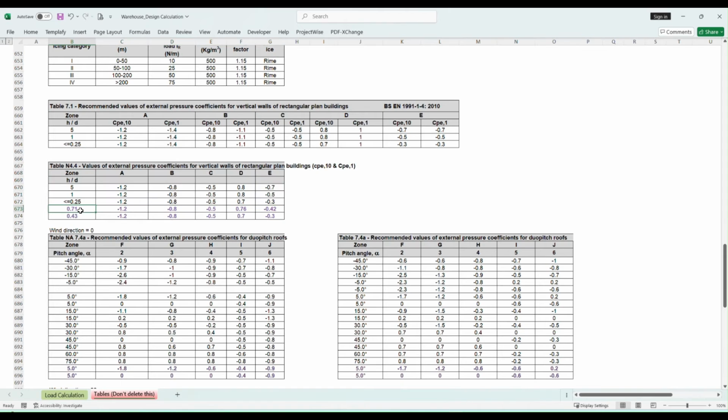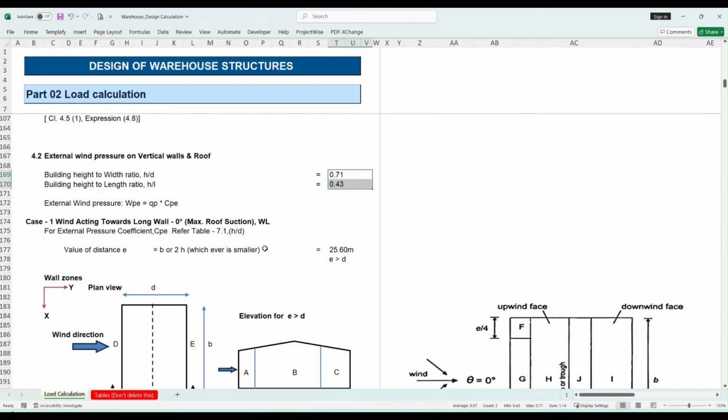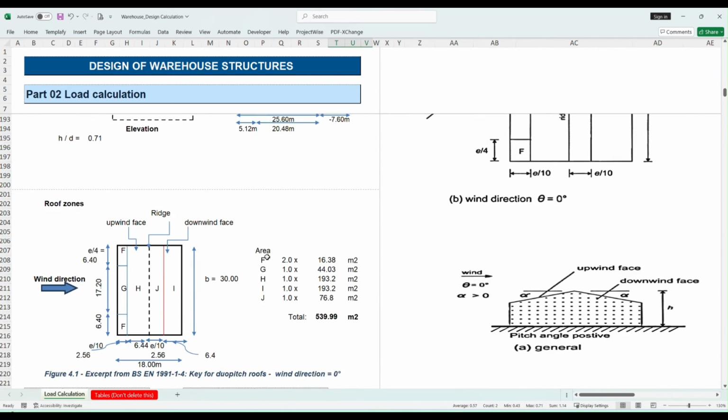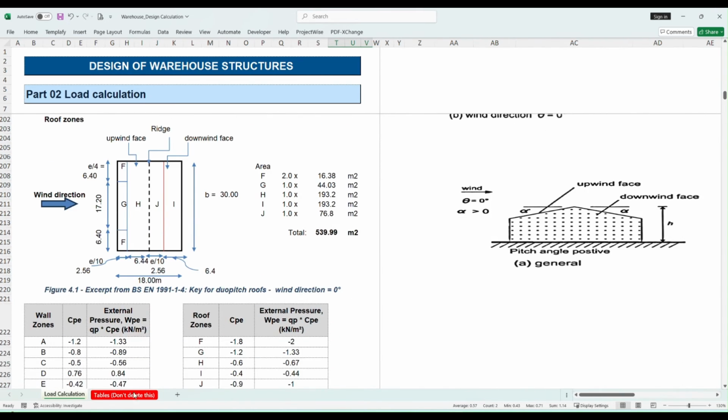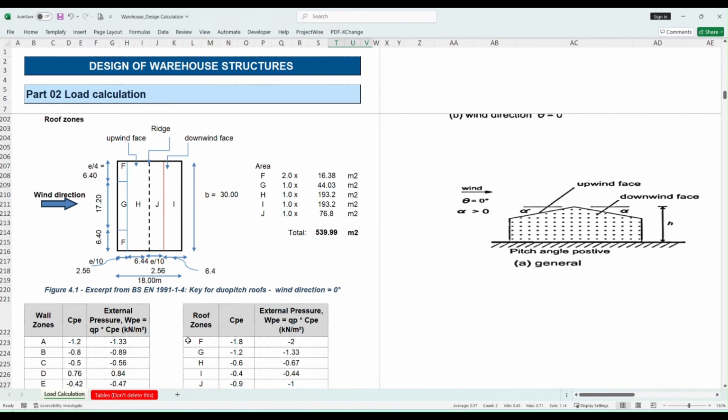Here what we have considered is H by D, which we already calculated in both directions. That factor is there. And for these roof zones, the roof zone is to be calculated as per the pitch slope, and 5 degree slope is ours.